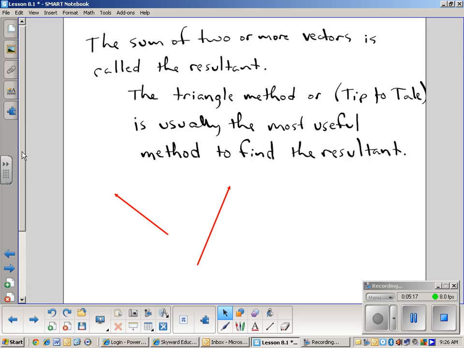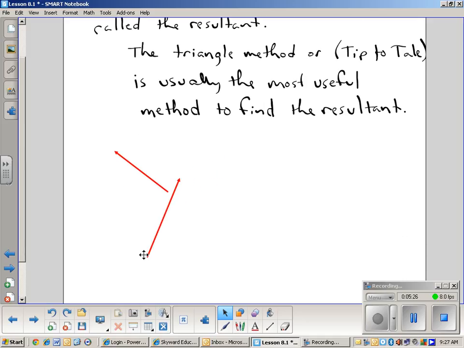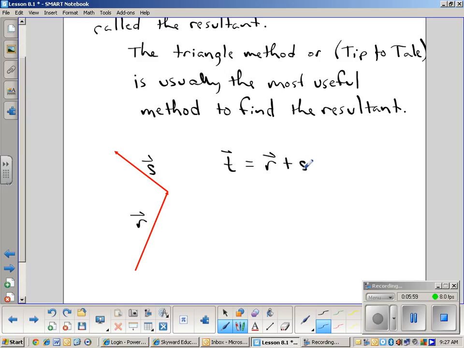But the tip to tail method, the triangle method we're talking about here, is if I moved one of these vectors so that the tip of this bottom vector here was touching the, let's call this R, vector R, and vector S. And we want to find vector T, which is equal to vector R plus vector S. Okay?